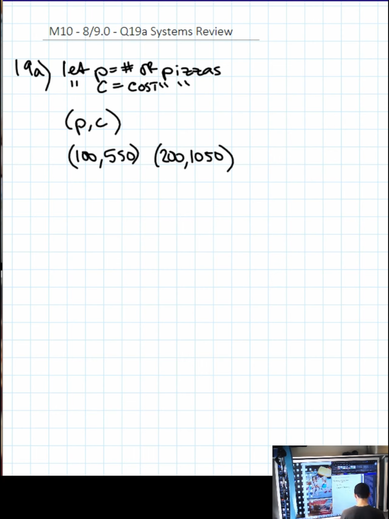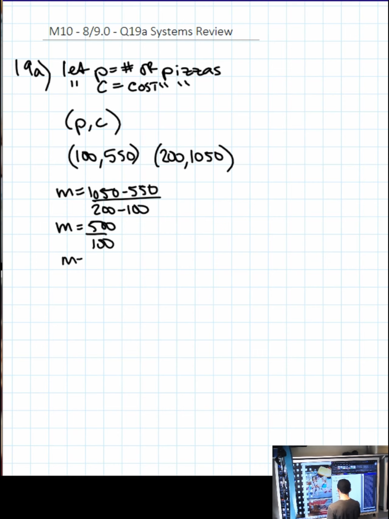So we're going to first find our slope. M equals y2 minus y1 over x2 minus x1. 1,050 minus 550 over 200 minus 100. M equals 500 over 100. M equals 5.